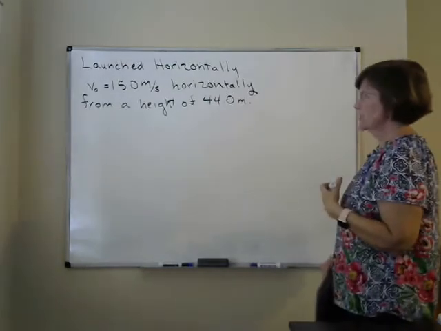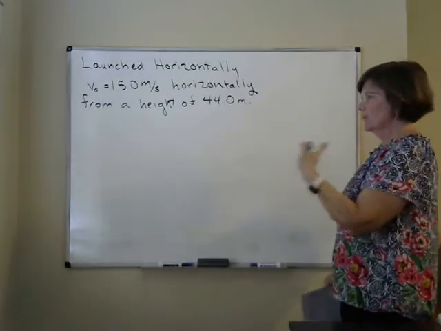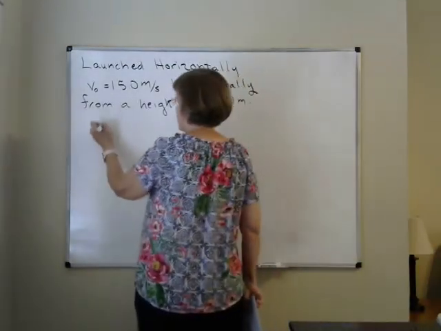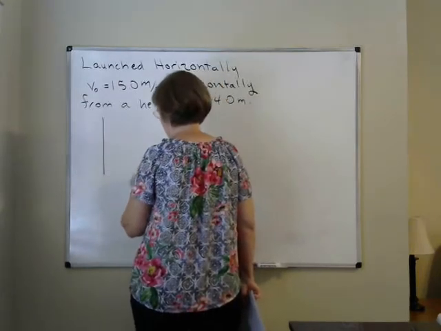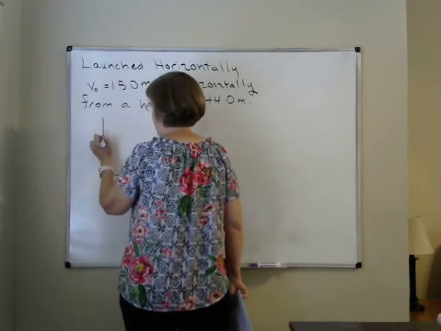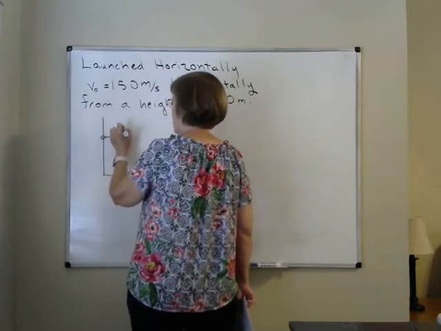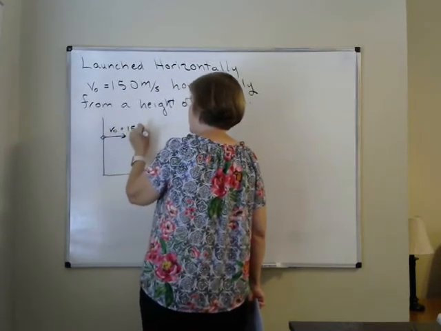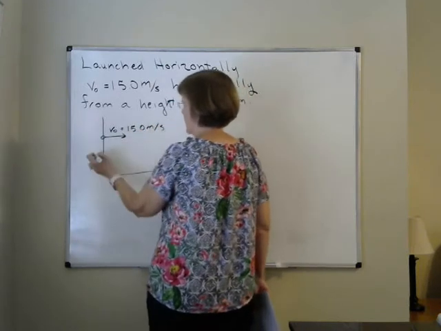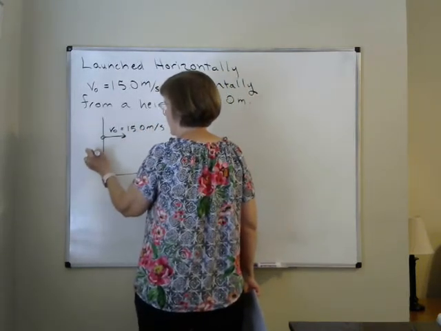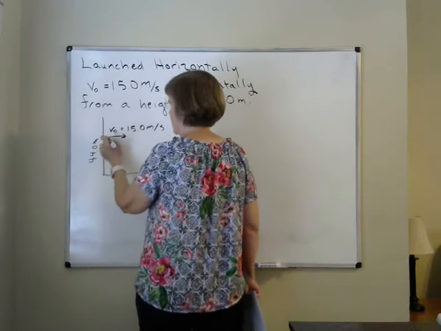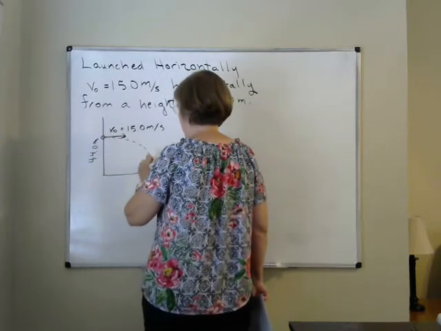That's our situation. We could draw a picture. Here's our object. It's got an initial velocity horizontally of 15 meters per second. It's got an initial height of 44.0 meters. It's going to follow a path that looks like this.